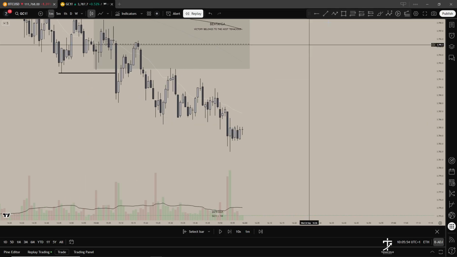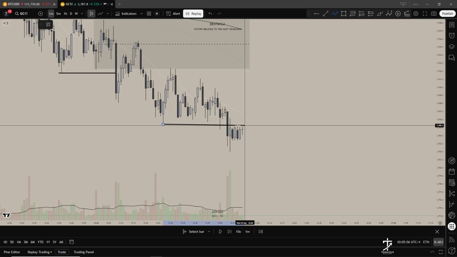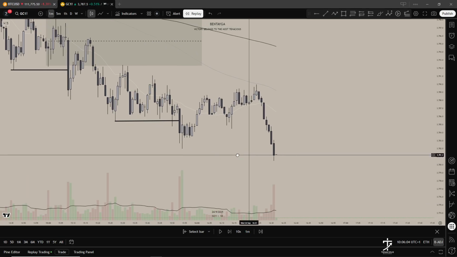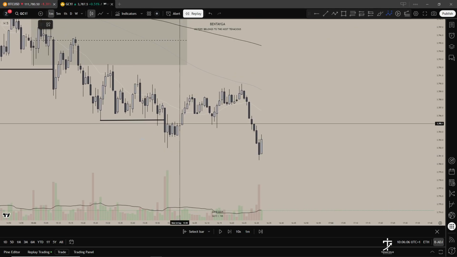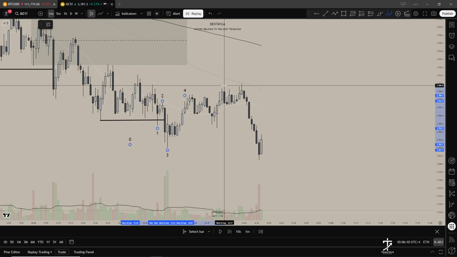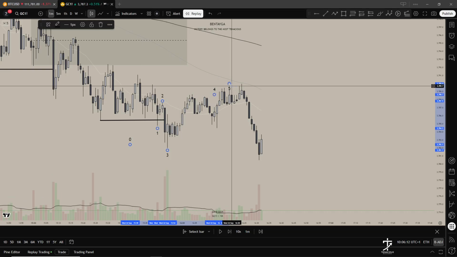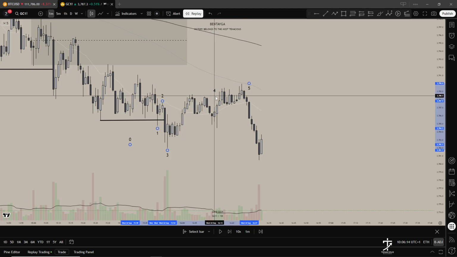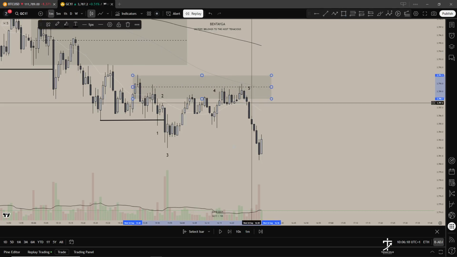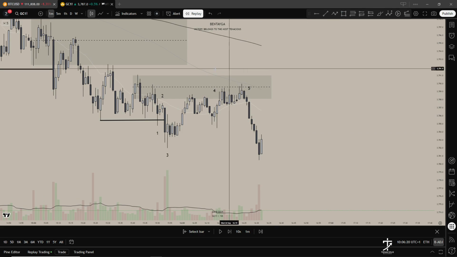And then obviously we close below this low here. We tap into it. What did we end up doing? We ended up tapping into this area here, and this is very subjective.